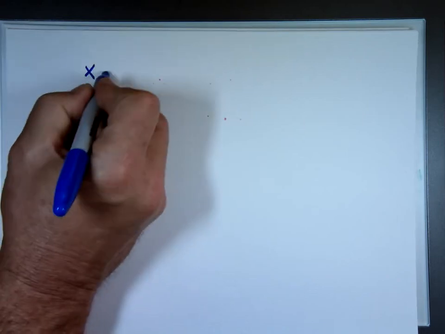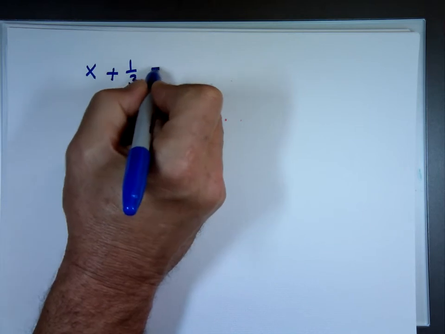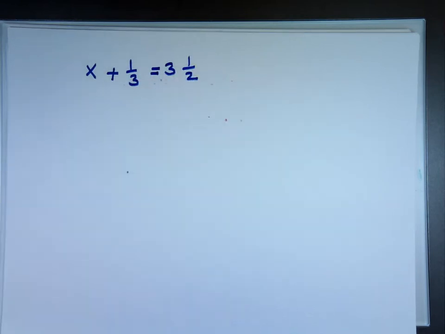Let's take you back to chapter 2, everyone's favorite chapter. Not really. X plus 1/3 equals 3 1/2. Again, we have addition.